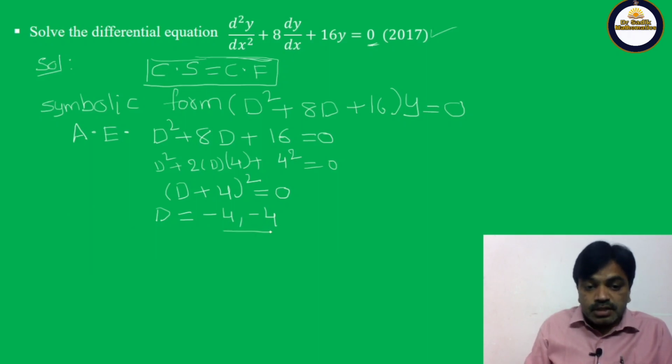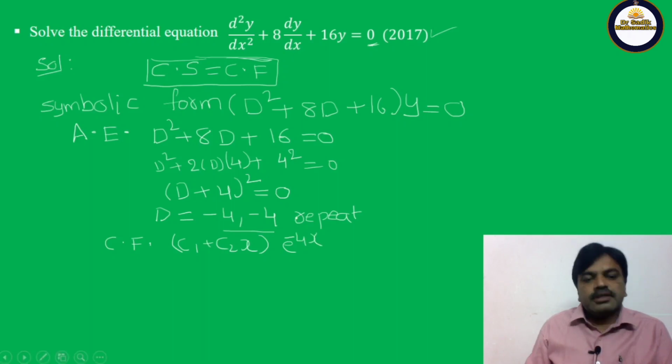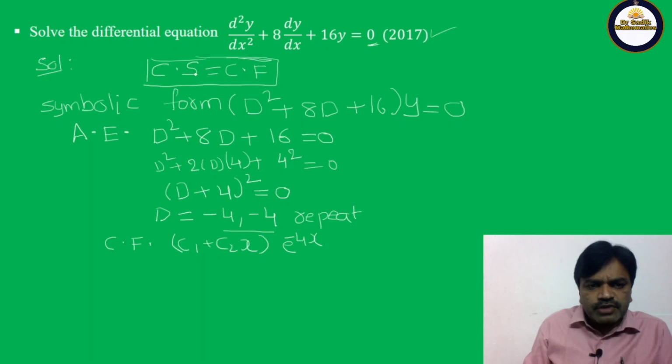Here the roots are repeated. So what is the complementary function? c1 plus c2x into e power minus 4x. Now if you observe here, the complementary function is the complete solution, friends.